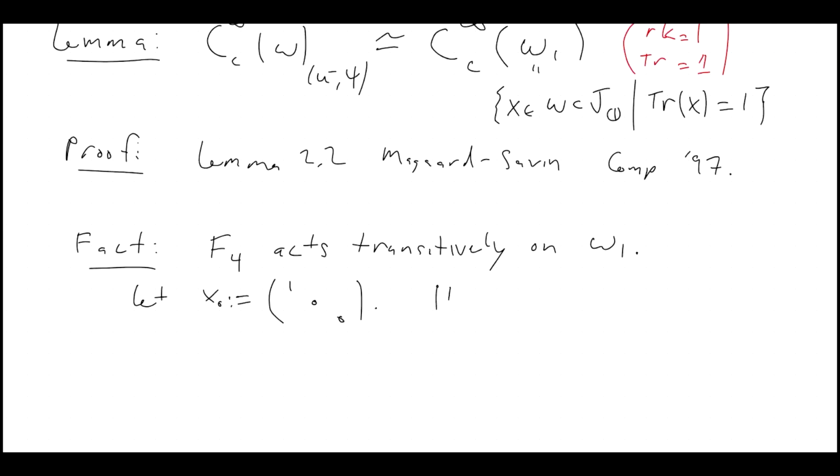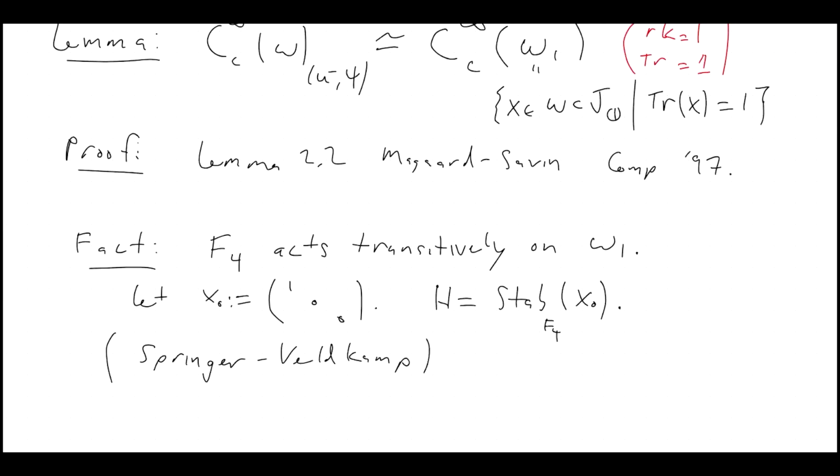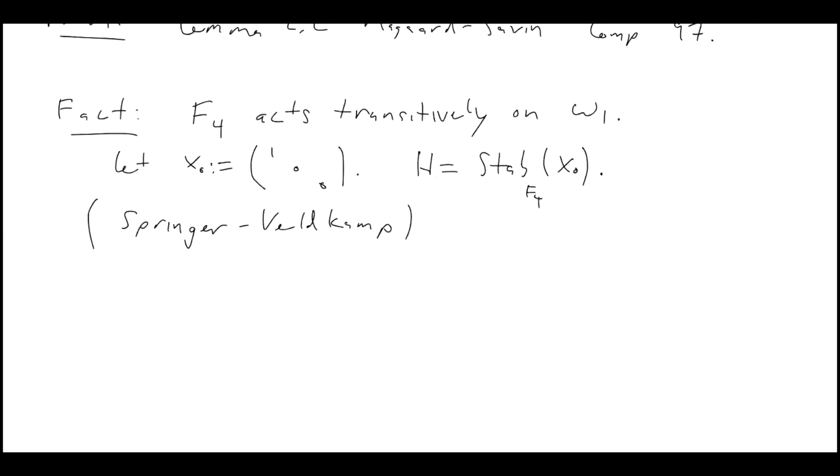So H was exactly the stabilizer in F4 of X naught. Both of these facts are discussed in Springer and Veldkamp, On Exceptional Structures.